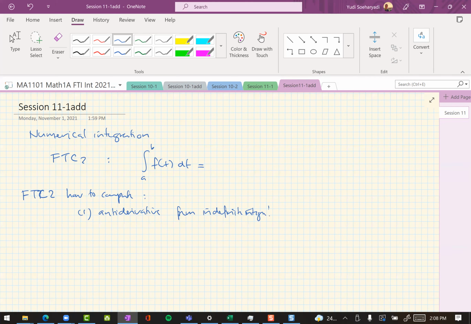And second, you compute the difference. So if you find F, the capital F that is the antiderivative, this is what you do. This notation means that you find the difference. F is any antiderivative.